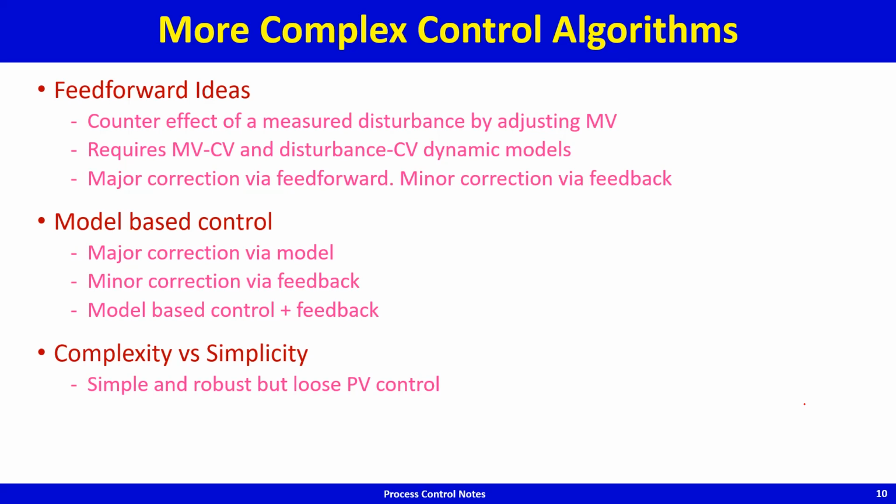All these kinds of cock and bull stories you start getting. So, complexity versus simplicity. Make the control system only as complex as is necessary, because simple is robust, complex becomes fragile. When you have a complex control algorithm, you can get tight process variable control, but the system is very fragile.